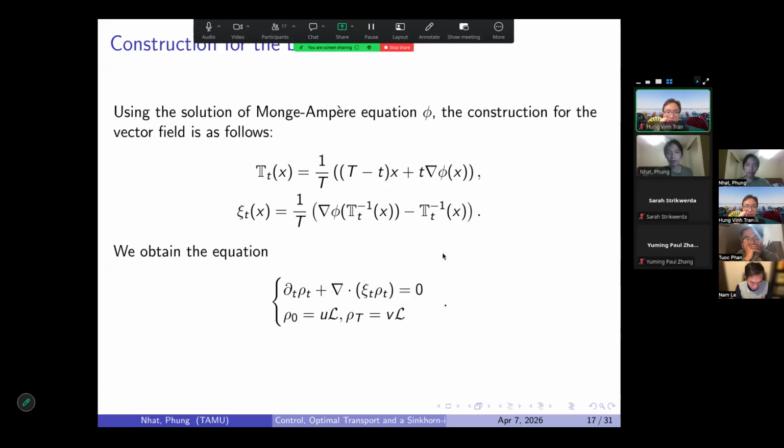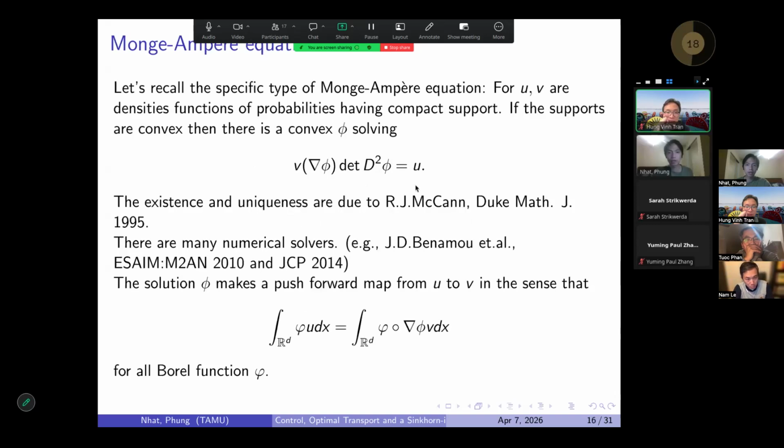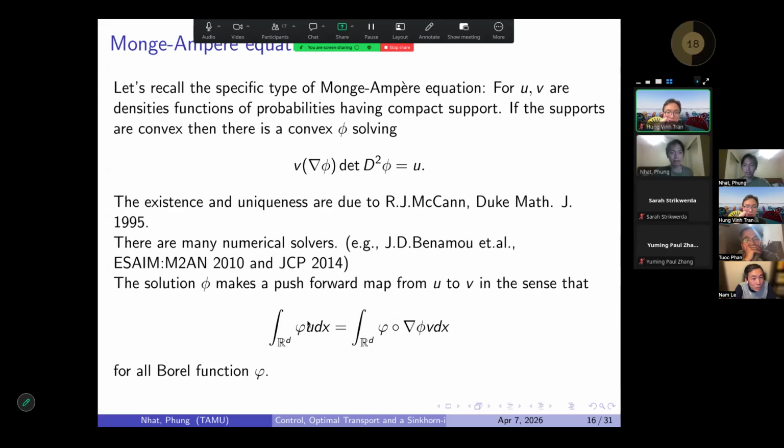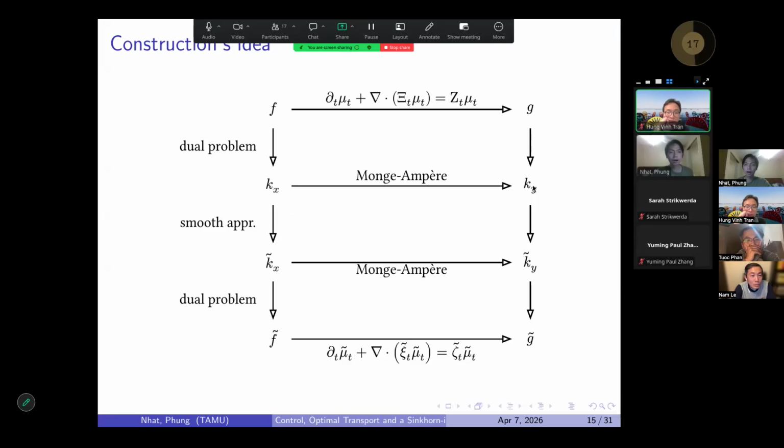We will come back to the inhomogeneous transport, but what we need now is 2K, right? Because we need to do some Monge-Ampere here, and to have this equation, the total mass of U and V still needs to be the same. So we need to find some K corresponding to F and G.